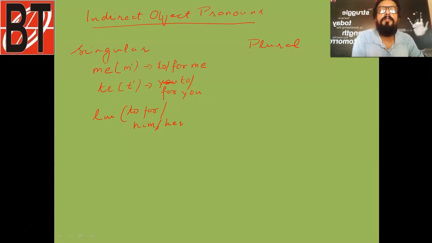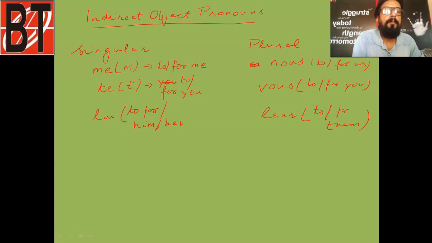Then the plural of this me is nous. So you will write to or for us, vous, to or for you, and this is leur. So to or for them. So you understand, these are the indirect object pronouns. It is only just for the first time you need to learn.